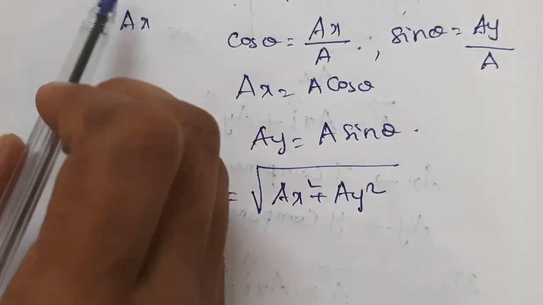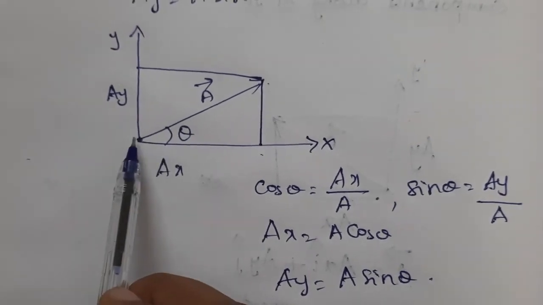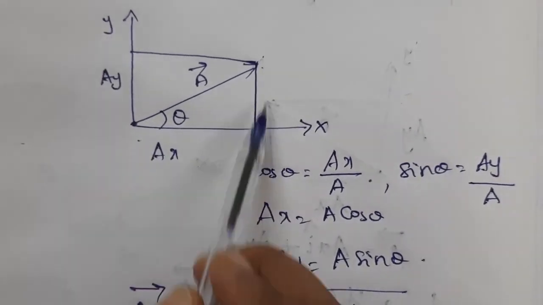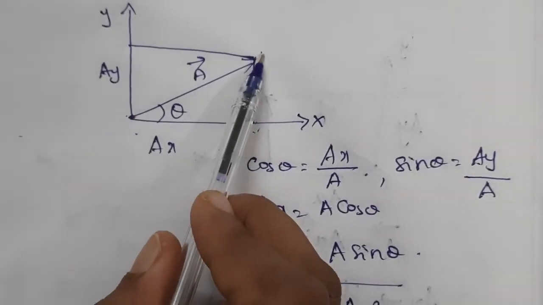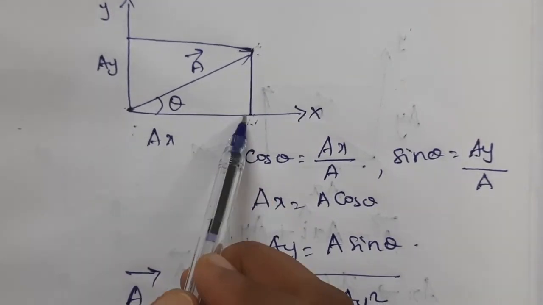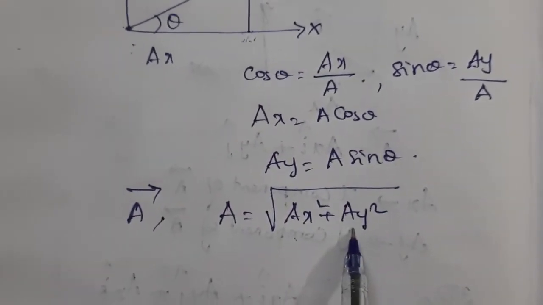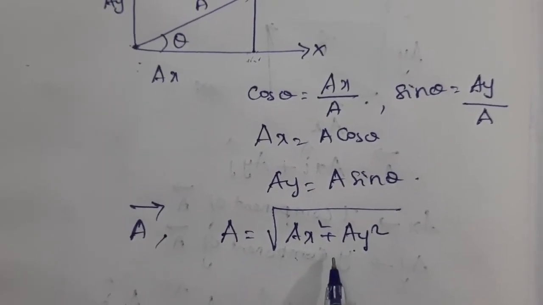How is it? Listen, in this figure, using Pythagoras theorem, we can write a square is equal to ax square plus ay square. This is ay, this is also ay. So what is a? Square root of ax square plus ay square. So this is the magnitude of the A vector.